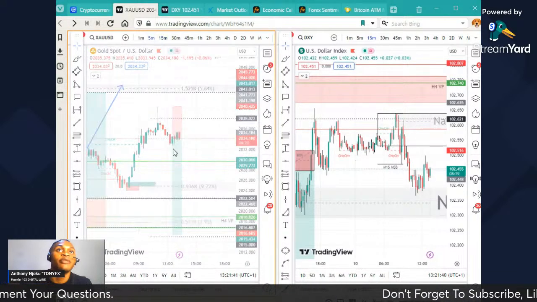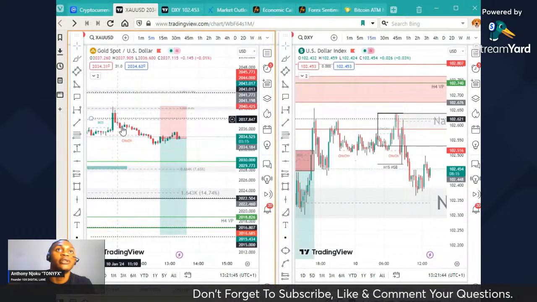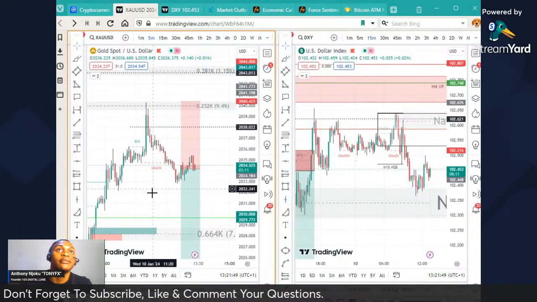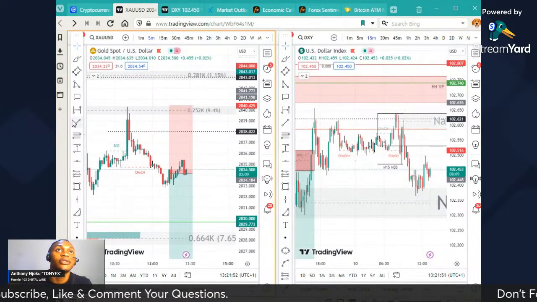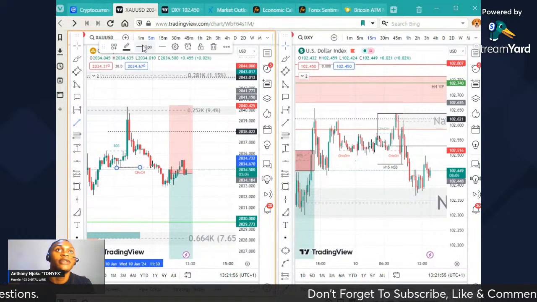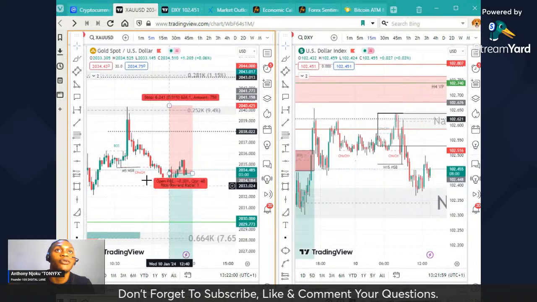Based on the 5 minutes, I see the market came here, took this liquidity here, and had a change of character over here. This was a change of character, if I'm working with the 5 minutes for gold.